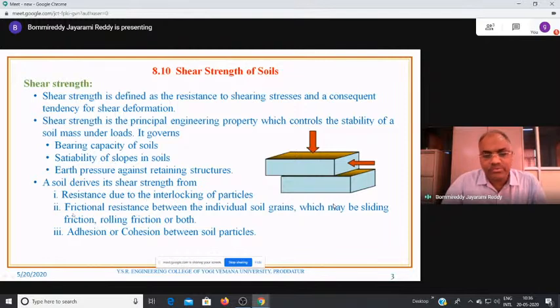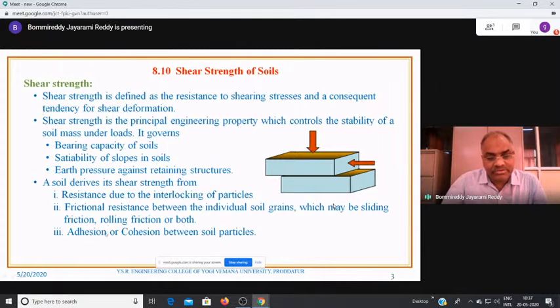So that means first two properties are associated with the granular soils or sandy soils, whereas for cohesive soils, the shear strength induced in the fine grained soils, particularly in clay soils, is because of the frictional resistance and also adhesion. So that means for the sandy soils, first two parameters are dominating, and for the clay soils, the second two parameters are dominating.